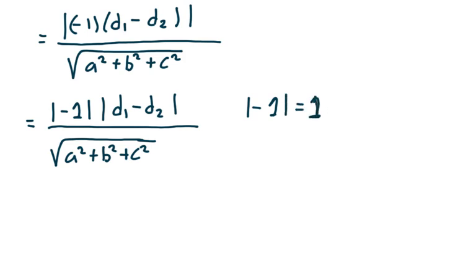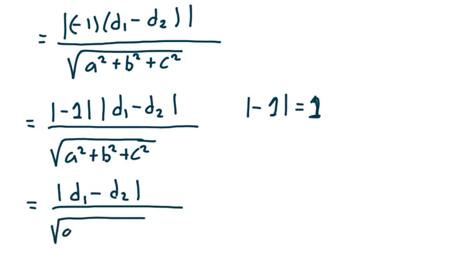That's a 1, by the way. And if I take the absolute value of D1 minus D2 and multiply by 1, you get the absolute value of D1 minus D2. And then we divide by the square root of A squared plus B squared plus C squared.